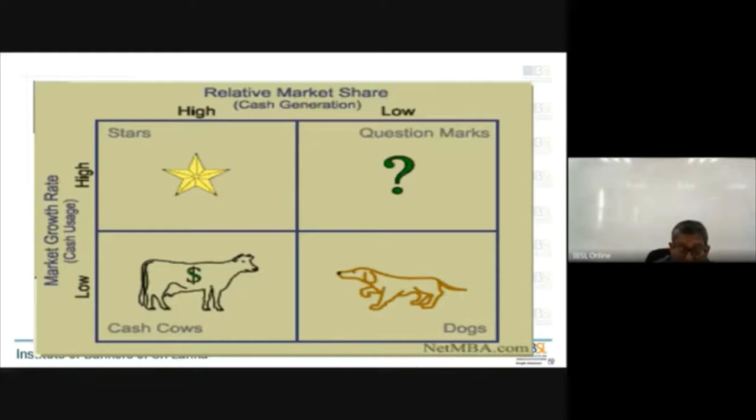So you need to understand what products in your portfolio you can consider as stars. You need to understand. And also you need to understand in your product portfolio, what are the products that come under the question mark?